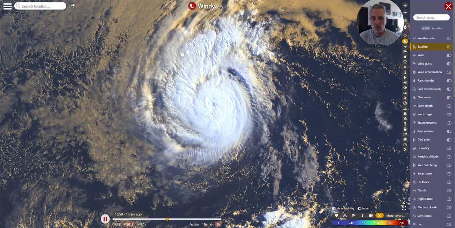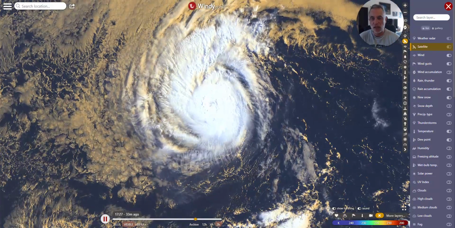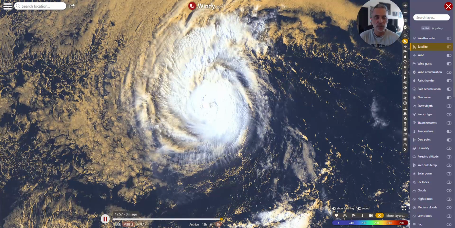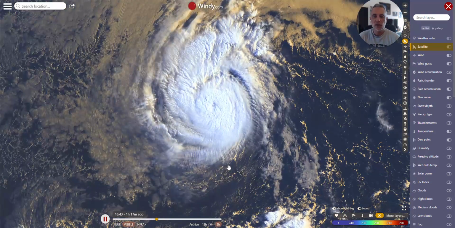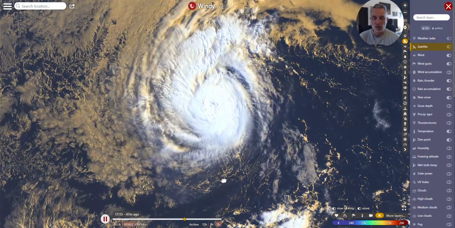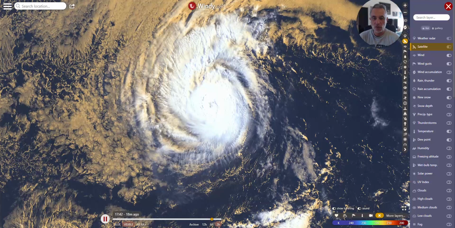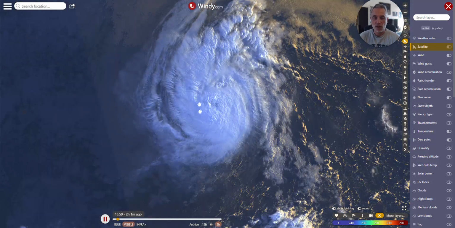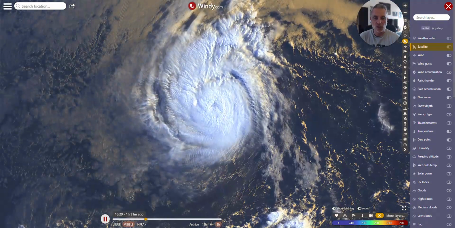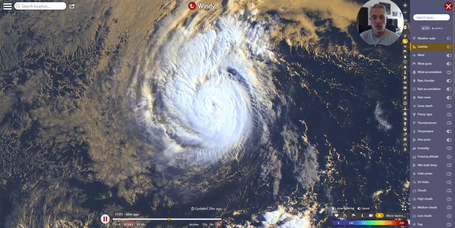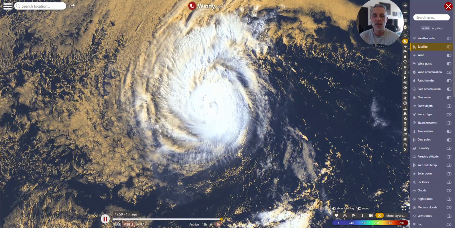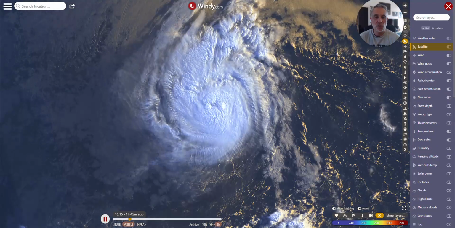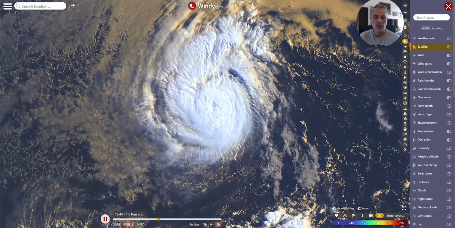You can also see this circular outflow at the top of the hurricane, which helps ventilate the storm and tends to make it stronger. At low levels, of course, you have the cyclonic rotation, and the closer you get to the center, the stronger the winds blow, and usually you get the strongest winds in the eye wall just around the eye. This is usually the most intense part of the tropical cyclone.